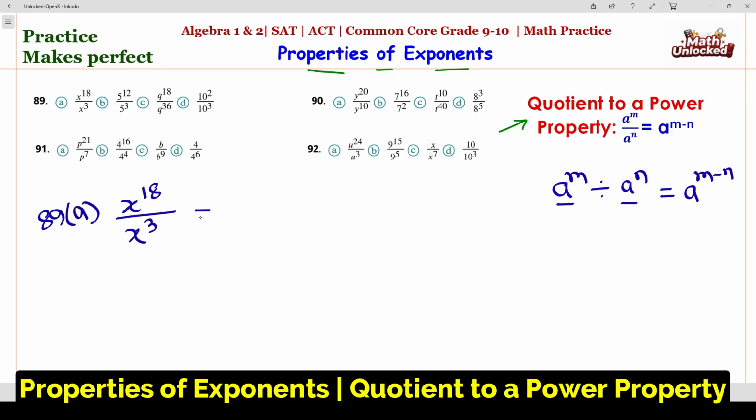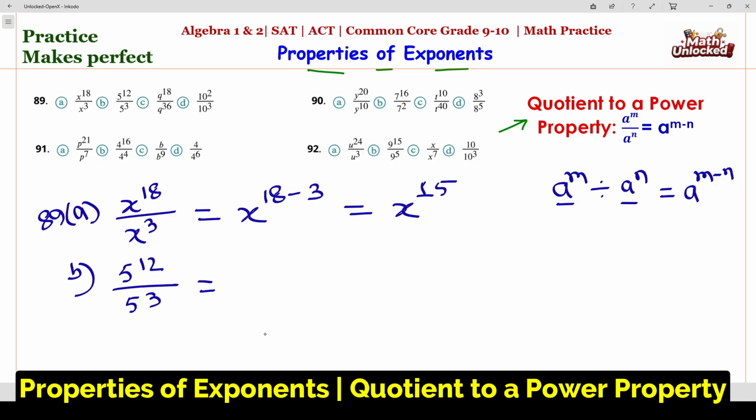So here it is x to the power 18 minus 3, and our answer will be x to the power 15. Number B: 5 to the power 12 divided by 5 to the power 3 means 5 to the power 12 minus 3, so 5 to the power 9.